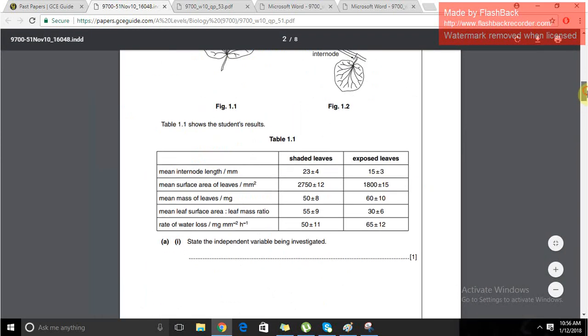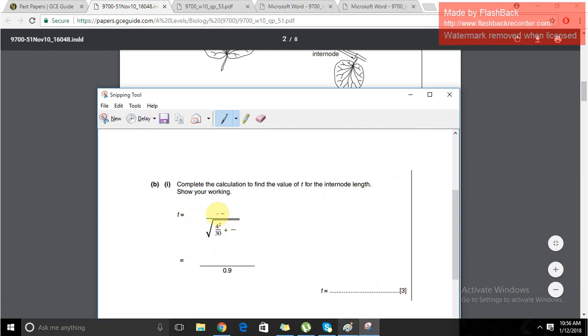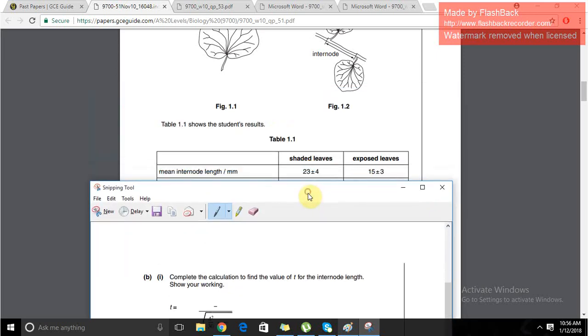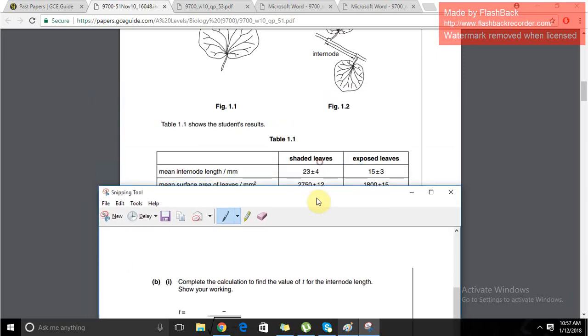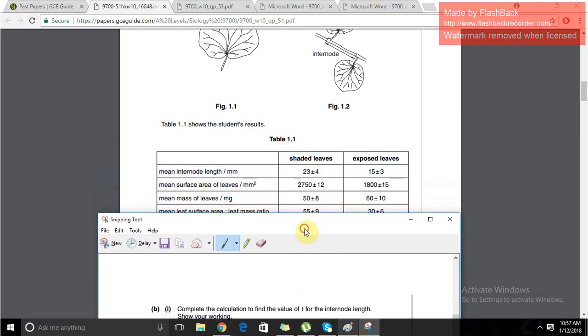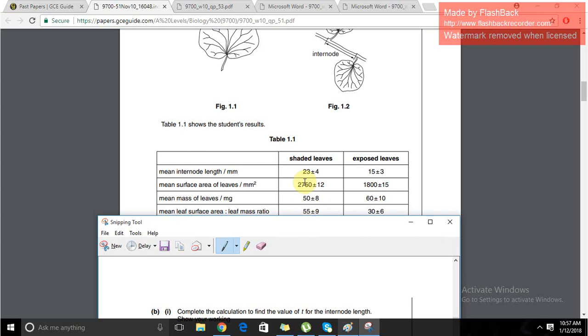So over here, it's x bar 1 minus x bar 2, and x bar 1 is the mean of the first set. Because we're talking about the internodal length, it would be 23 minus 15, because this is x bar 1 and this is x bar 2.